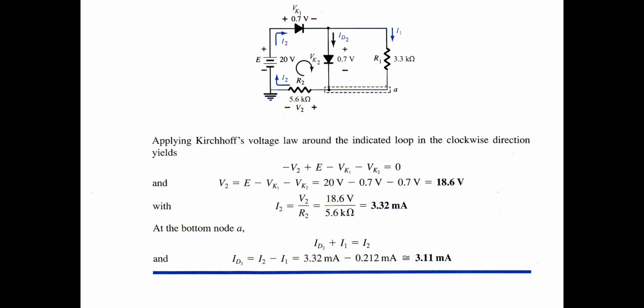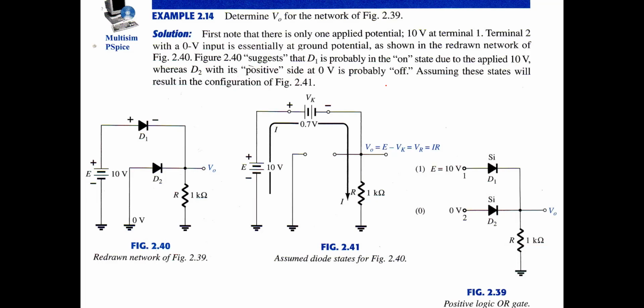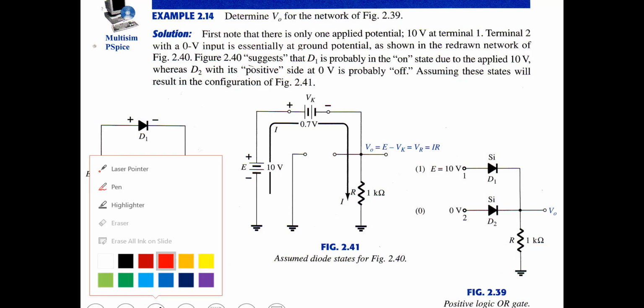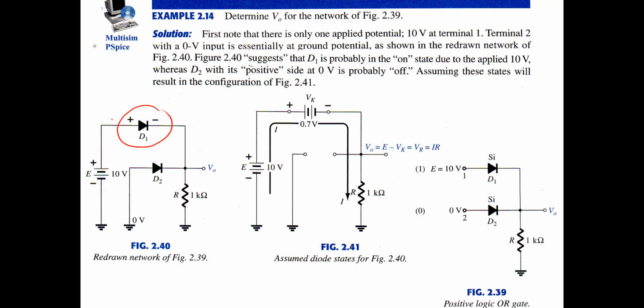Okay, after we finish the explanation about the series and parallel applications, we can use the diode for AND and OR gates like this one. We connect a diode like this and determine VO for the network in figure 2.39. This is the silicon D1. We connect it to E, the input supply voltage, and the other diode is connected to ground.